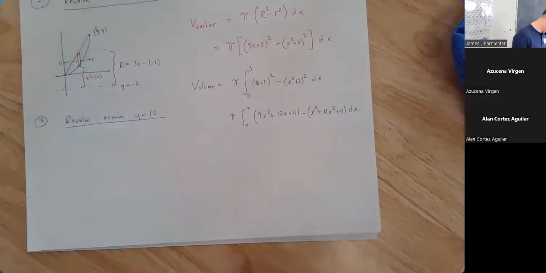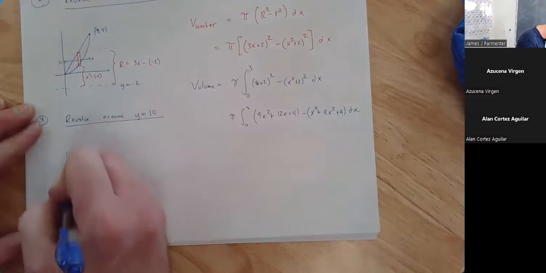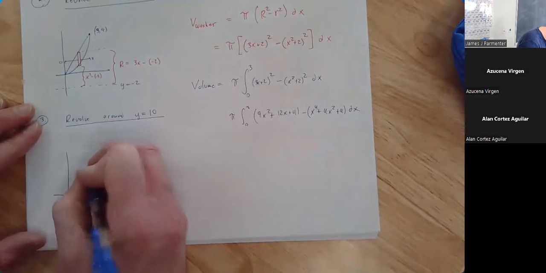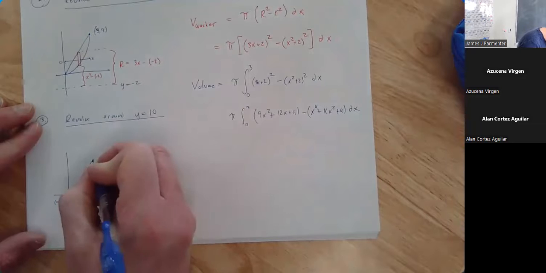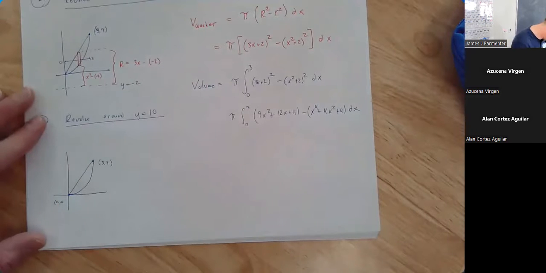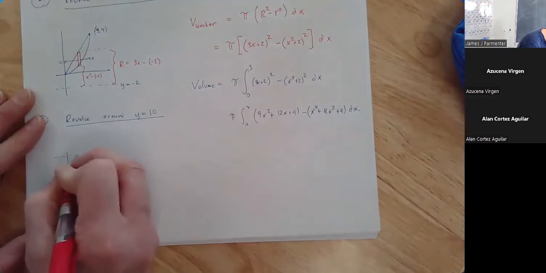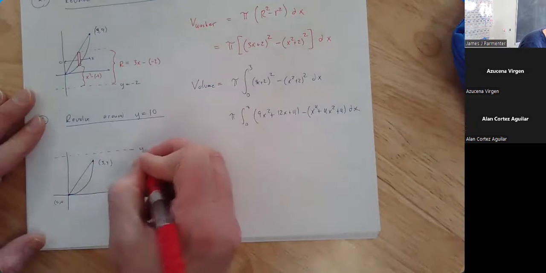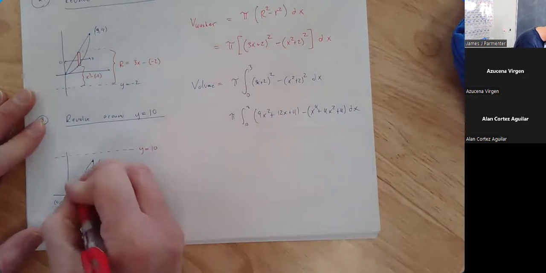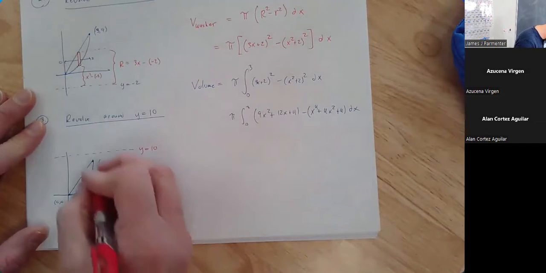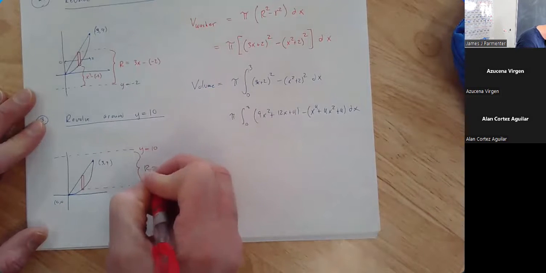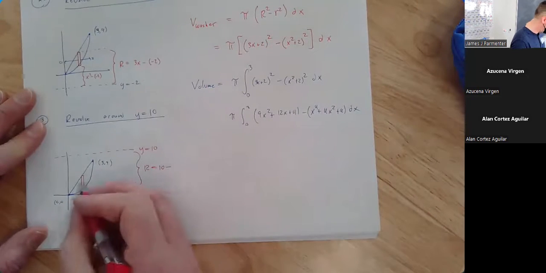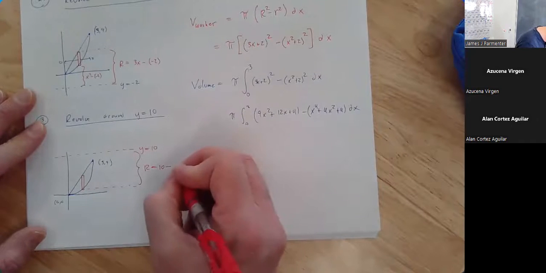Okay, yep, sure. So same region. Draw my nice little picture here. And now my axis of rotation is up here. So if I draw my little strip, now my outer radius is 10 minus the function that's further away from it, which is x squared.